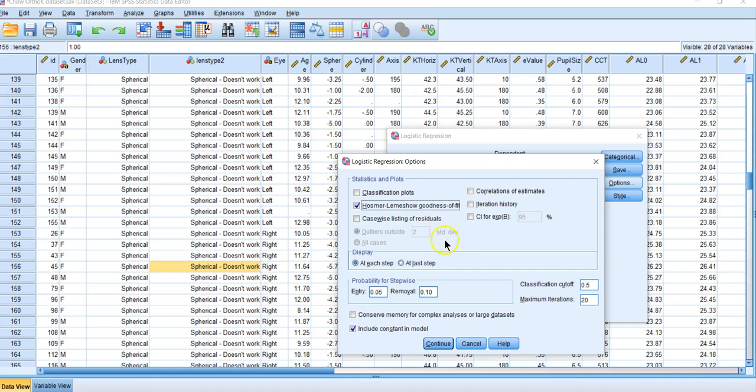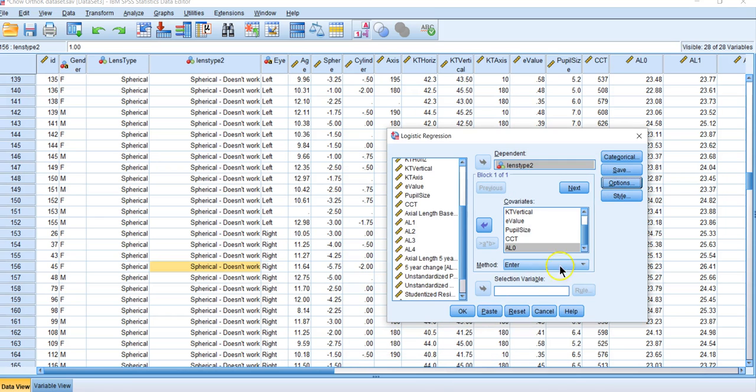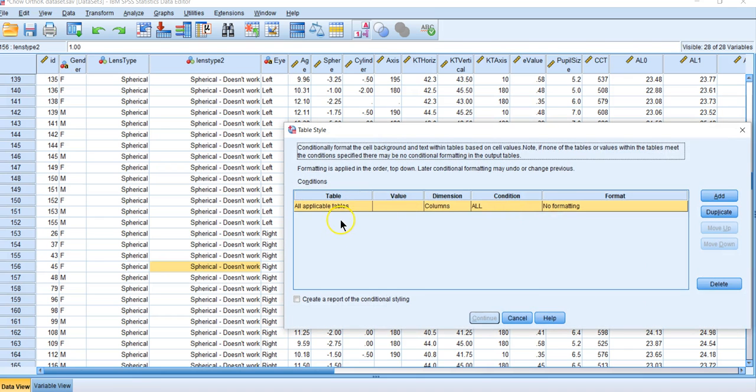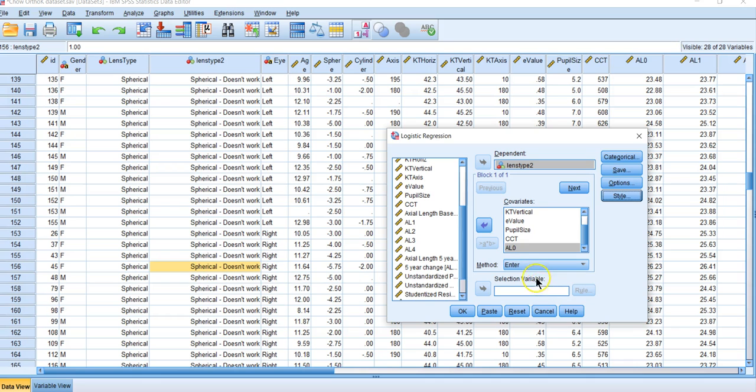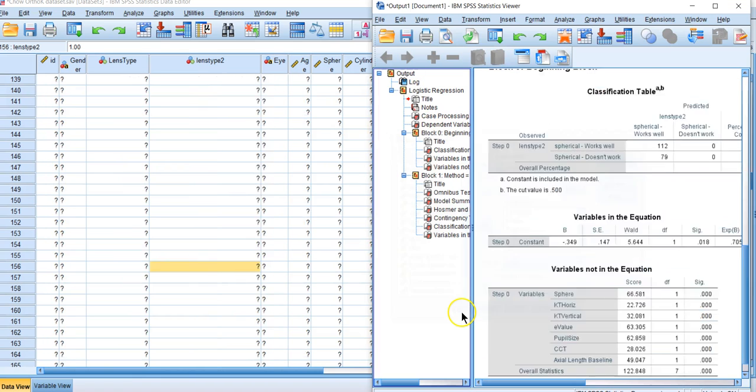Let's see, anything else? It doesn't look like it. So let's continue. And I don't know what style is. I'm not going to worry about that right now. Okay, so we have our multiple regression. We have a bunch of independent variables, our dependent variable binary. Let's see what we get.